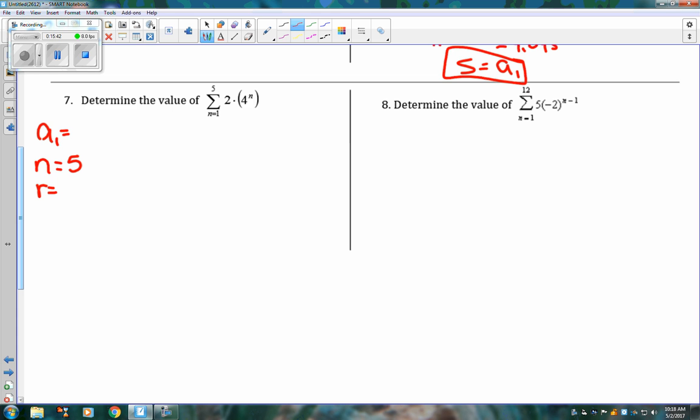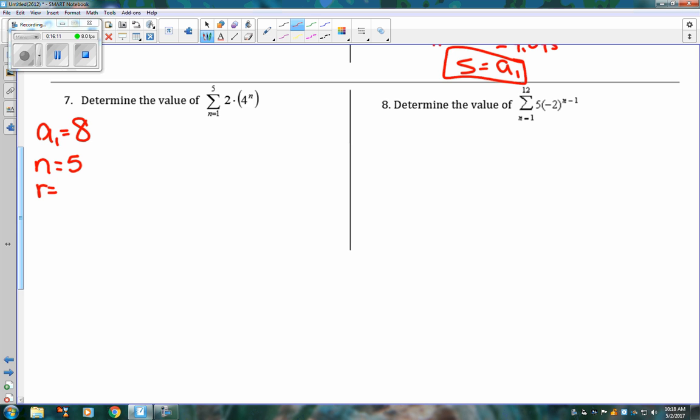A sub 1 comes from plugging in 1 for n. 4 to the first power is 4, times 2 is 8. Okay. How can I find R? Solve for any term. Plug in 2, so it should be 32.